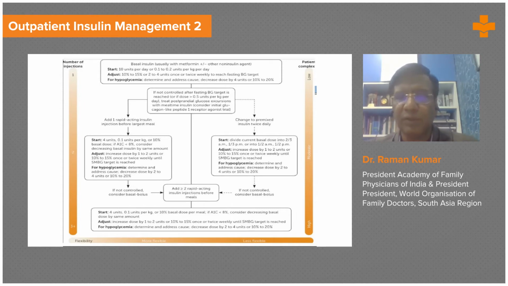And if you have not achieved the objective sugar level goals, then you have to increase by 2 to 4 units. And if there is an episode of hypoglycemia, then you have to reduce the insulin by 4 units. So these are the recommendations we should remember for practical use.